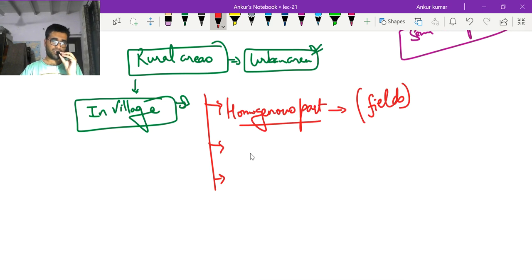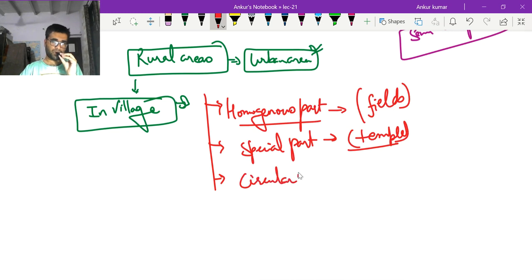The second part is the special part, which is any cultural institution, for example, a temple. And the third part is the circular part, where there were living settlements and habitations, and this circular part was around the special part.